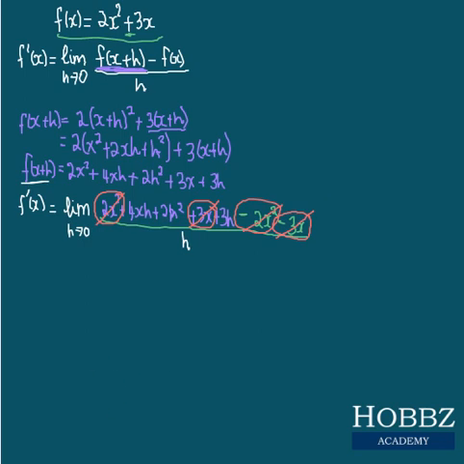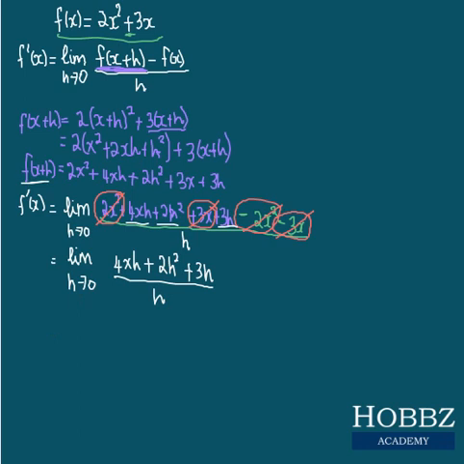What do we have left now? We still have the limit as h approaches 0 of what we have left on top: 4xh plus 2h squared plus 3h, over h.